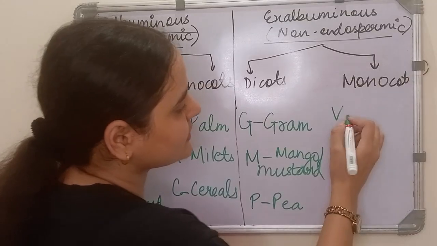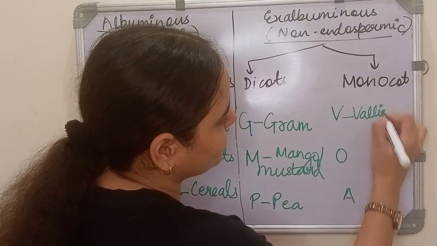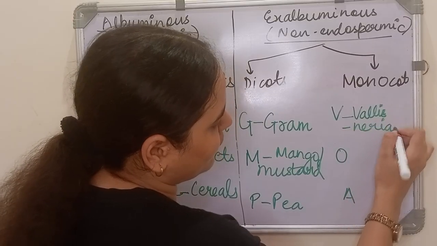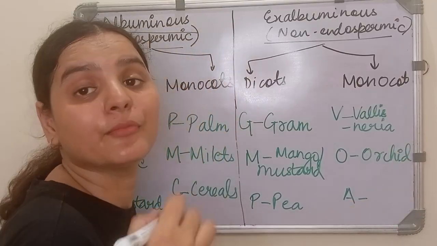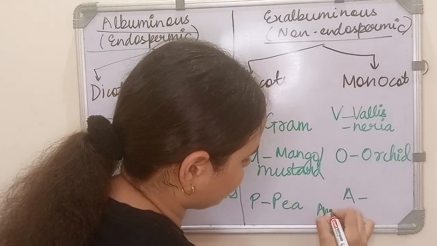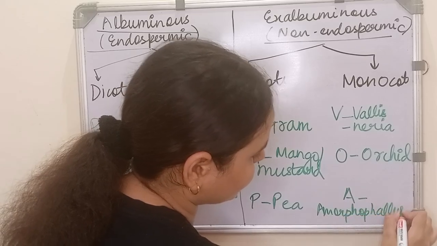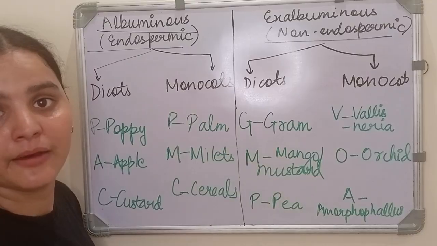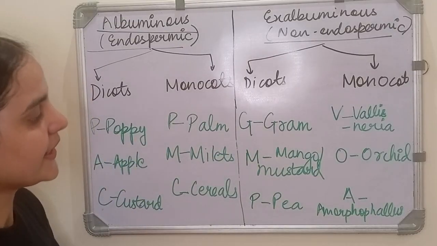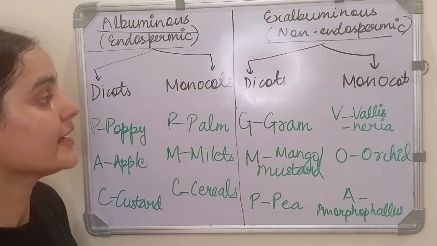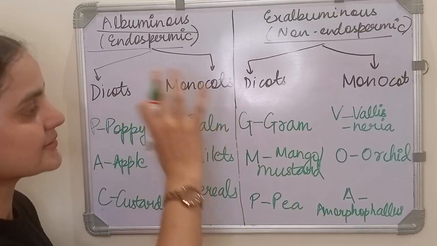Now for monocots, V for Vallisneria, O for orchid, and A for Amorphophallus. Remember all these examples. Write down the mnemonics multiple times. PAC, PMC. Good morning person Goa. Remember, dicot I have written first, then monocot. Learn this in the same manner.